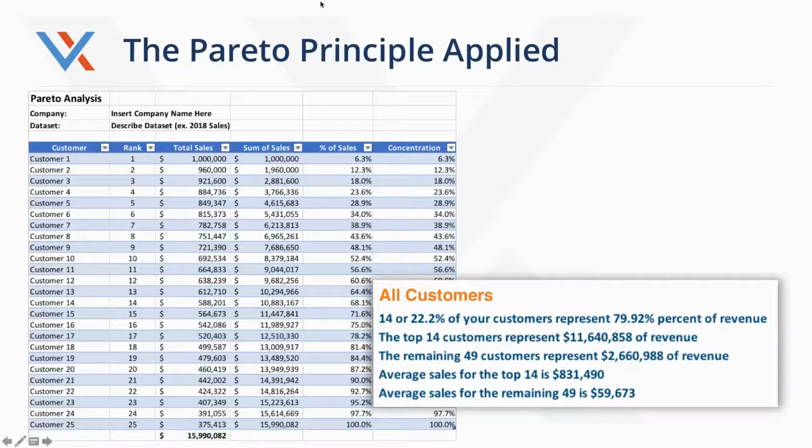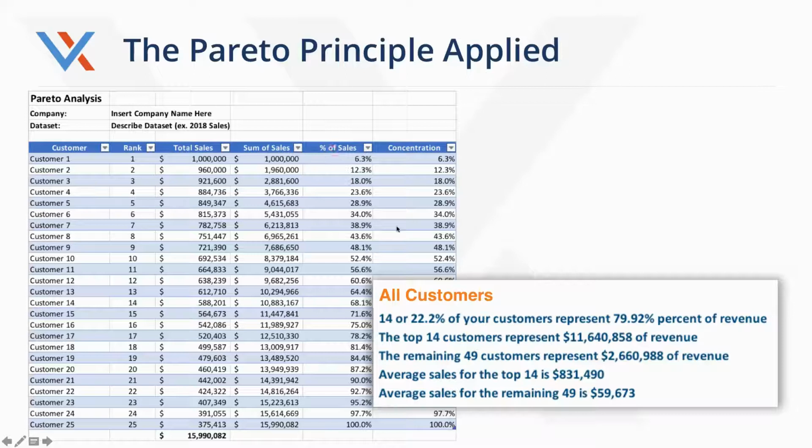Let me see if I can, I'm going to get a little flashlight here. Where are you? There you are. That really starts across the top with a listing of our customers, how they would rank from a revenue perspective, what their total sales are, what's a running sum of their sales, and then calculating what percentage of revenue those customers represent.